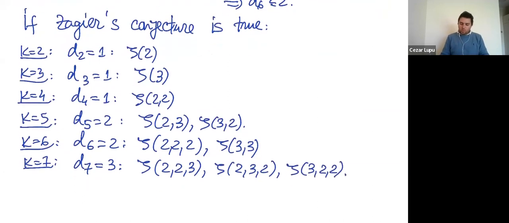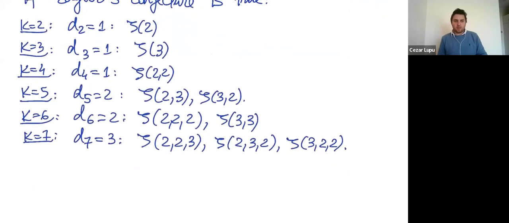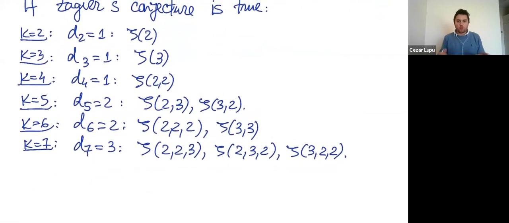So you observe one thing here: for a given weight, all of them are spanned by multiple zeta values involving 2s and 3s.